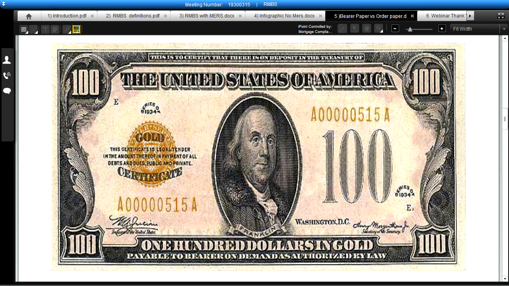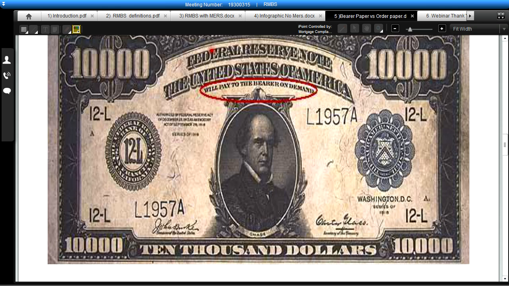It states exactly what the instructions intend. Let's look at the next document. Okay, we have another one. This is a Federal Reserve note for $10,000. As everybody can see, it says, will pay to the bearer on demand. These are examples of bearer instruments. At all times, you have seen the word bearer, B-E-A-R-E-R.